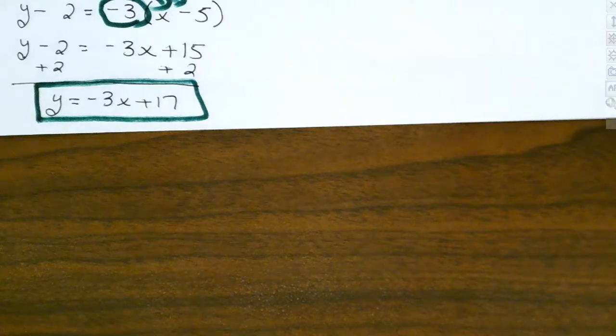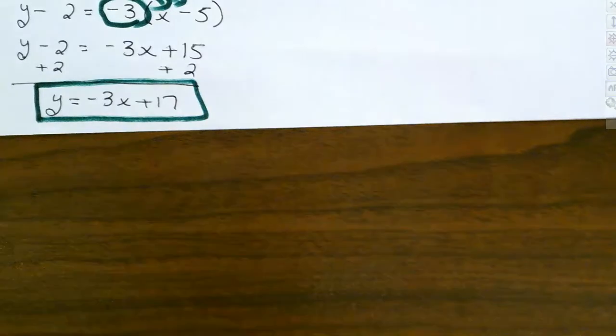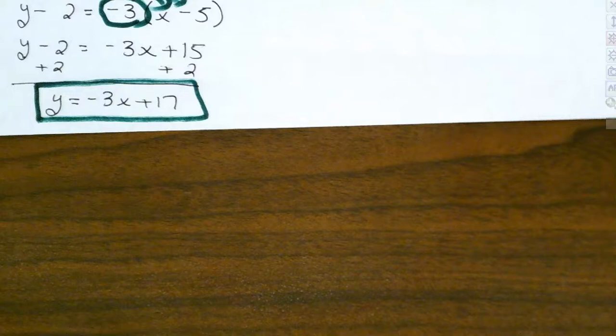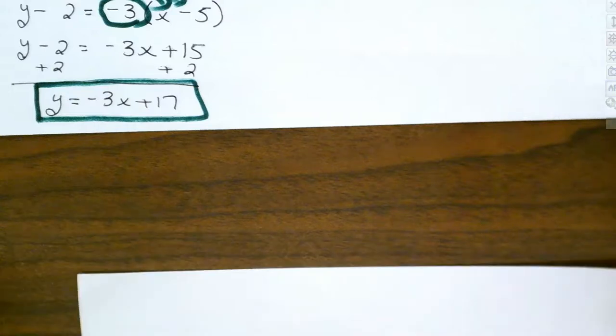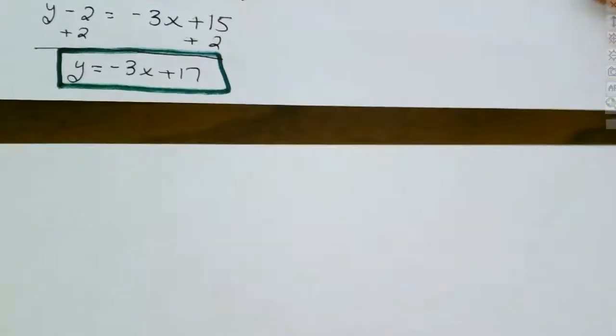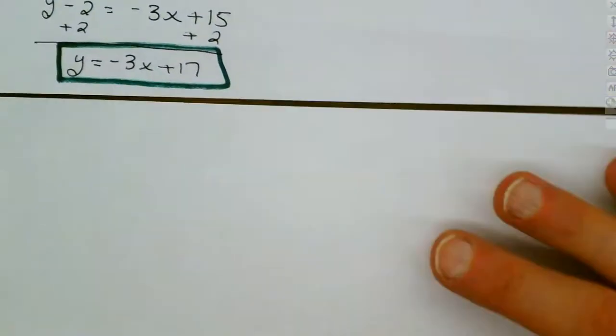Now let's talk about vertical and horizontal lines real quick. Vertical lines have a slope that is undefined, and they're x-lines. So we'll talk about vertical lines first.